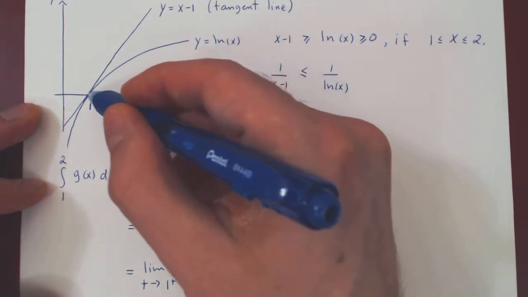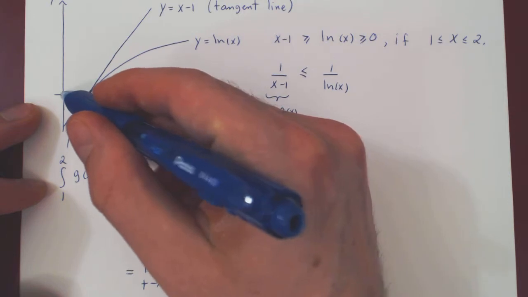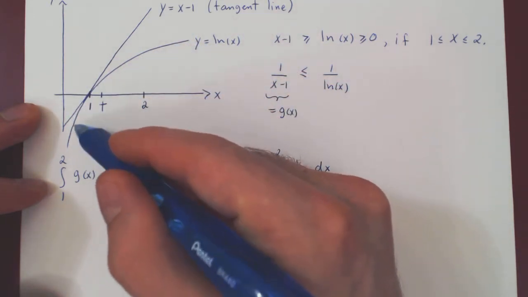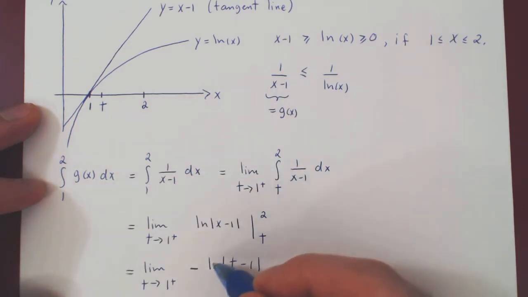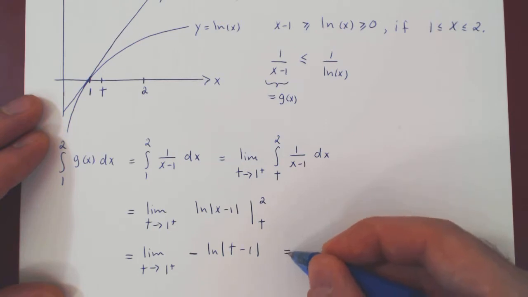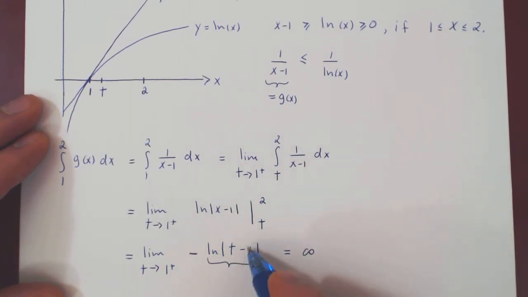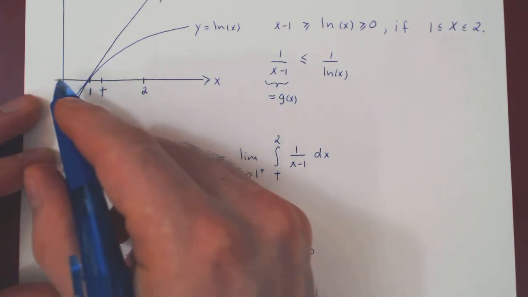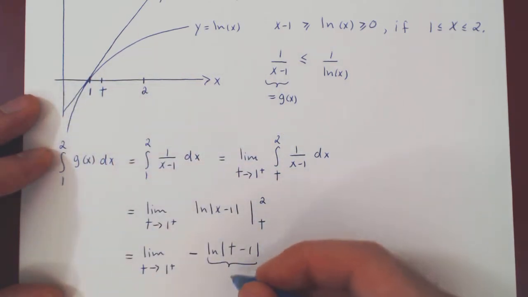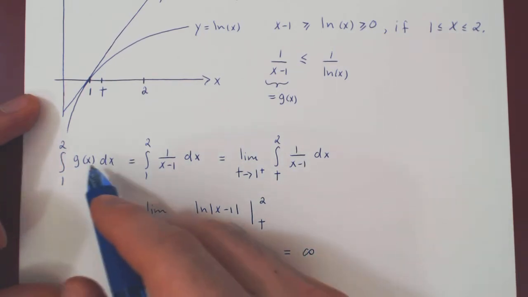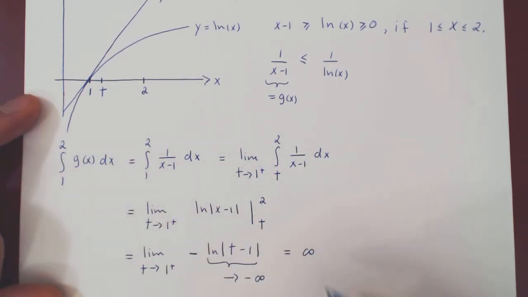And as the argument approaches 0 from the right, we can see the ln function goes to negative infinity. But we have the negative of that, so the limit is simply positive infinity. As I've just said, as the argument approaches 0, the ln approaches negative infinity. And we have the negative of that, and so this integral blows up.